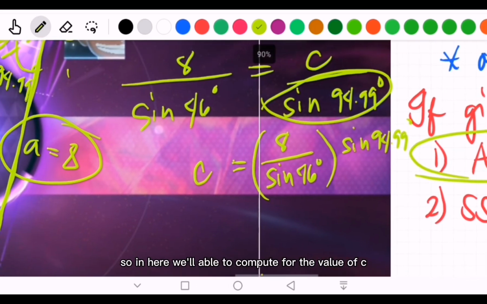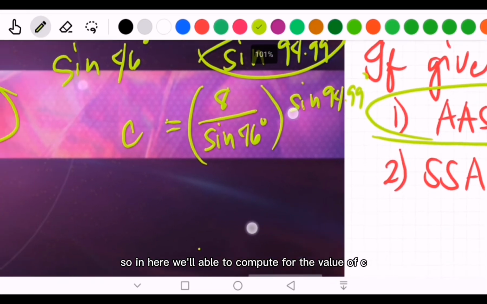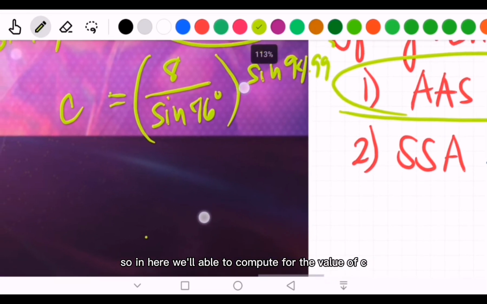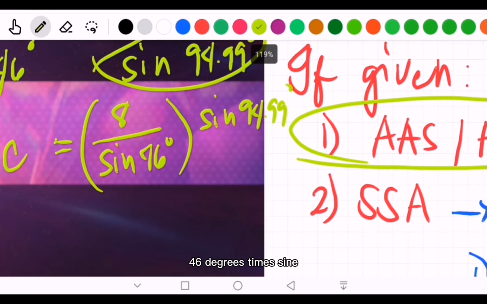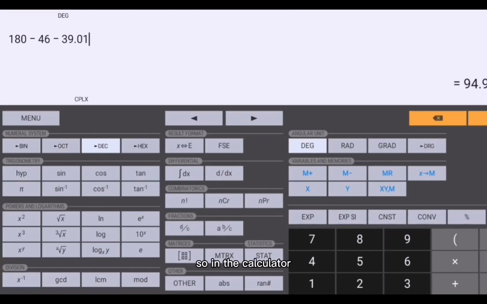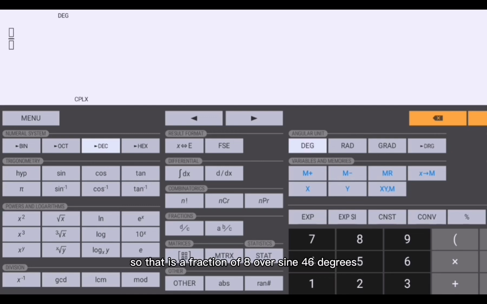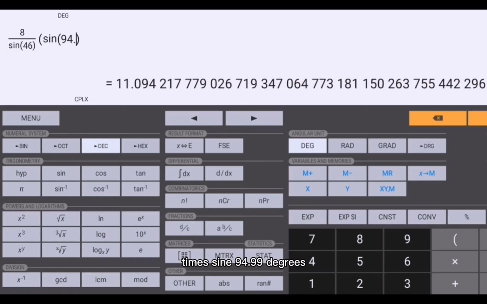In here, we are able to compute the value of c by this expression, 8 over sine 46 degrees times sine 94.99 degrees. In the calculator, that is a fraction of 8 over sine 46 degrees times sine 94.99 degrees.